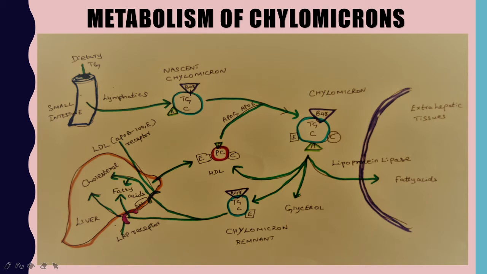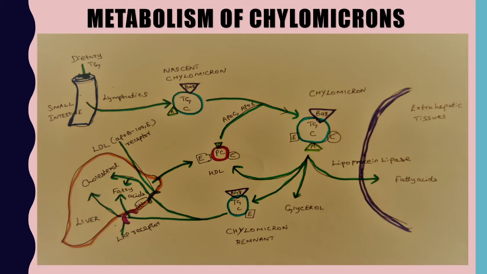These will have apolipoprotein B48 as well as apolipoprotein A. Once they enter the circulation, they get other apolipoproteins like apoprotein C and apoprotein E from the circulating HDL, and it will be converted into a mature chylomicron. The mature chylomicron, which is rich in triglyceride and cholesterol, will have apolipoproteins B48, C, A as well as E. This is called the chylomicron.